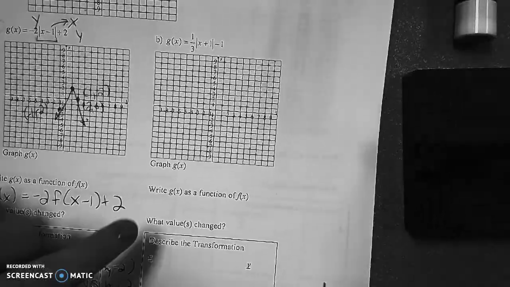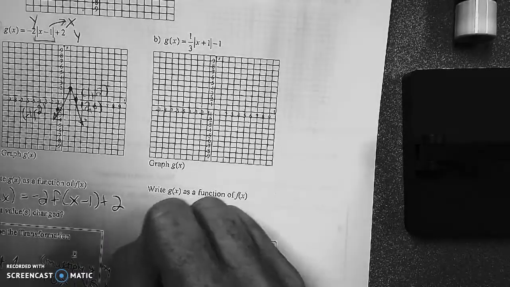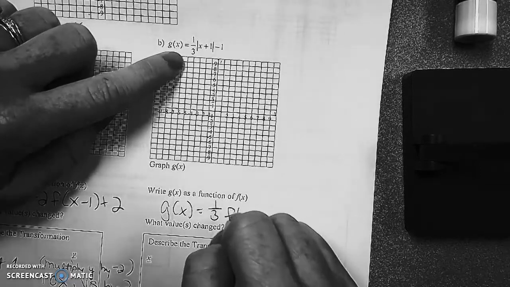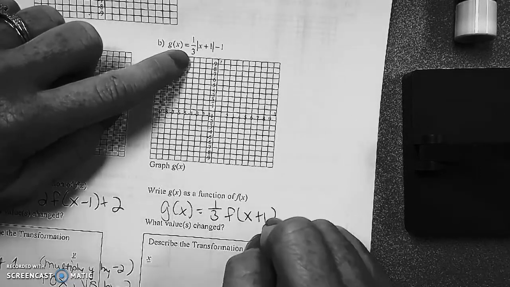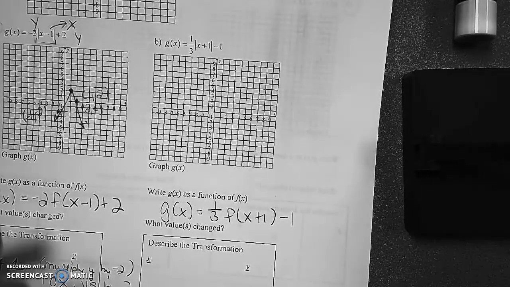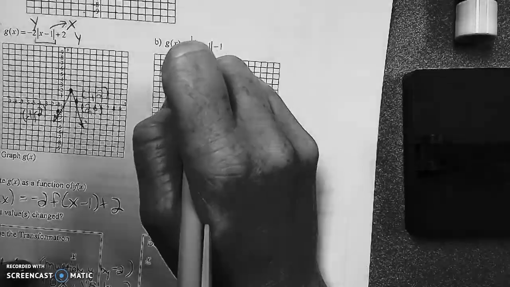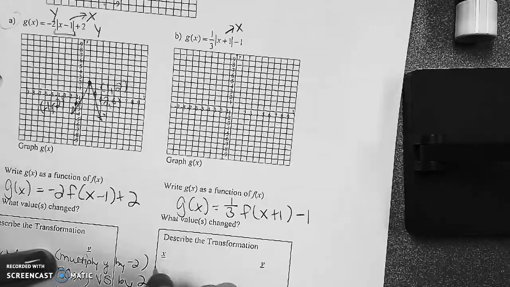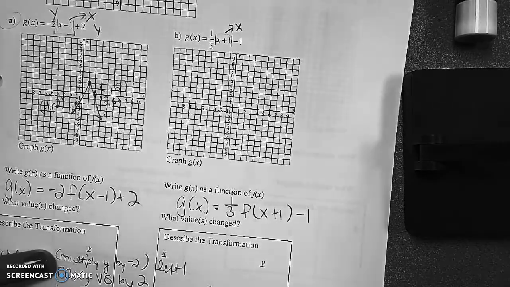Let's on B part write it as a function of f of x first. So we see that we're multiplying the function by 1/3. Inside my function is x plus 1, and then on the end I will have minus 1. Anything inside the function changes your x values, and x's lie to you, so this is going to be going left 1.